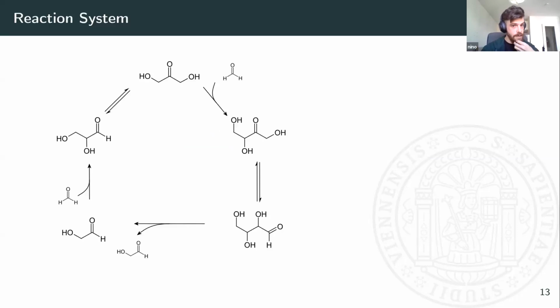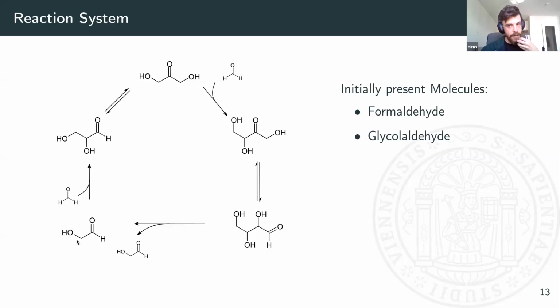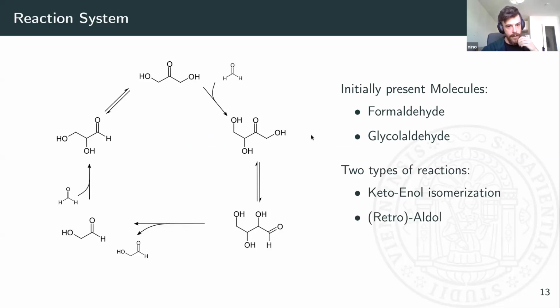So this classical formose reaction, which is this Breslow cycle, takes formaldehyde and glycolaldehyde initially in the system that then continue to react through a series of keto-enol isomerization and aldol or retro-aldol reactions to create a very simple autocatalytic cycle where each turn of the cycle you get 2 copies of this initial glycolaldehyde out of it.